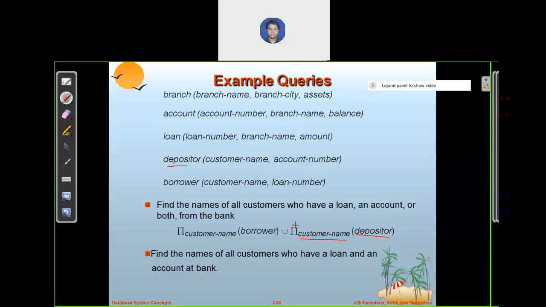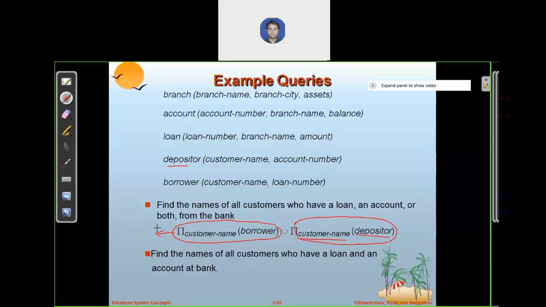So this expression will return the customer names who have an account, and this expression will return the customer names who have a loan. Using this union operator we are getting the names of customers who have a loan account or a simple account or both. Okay.